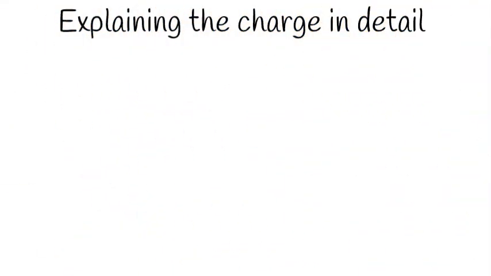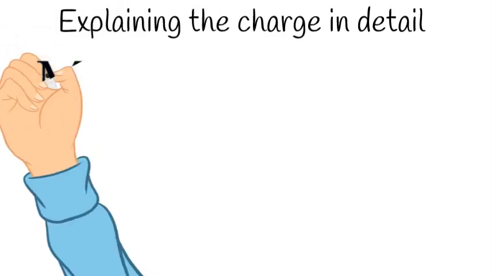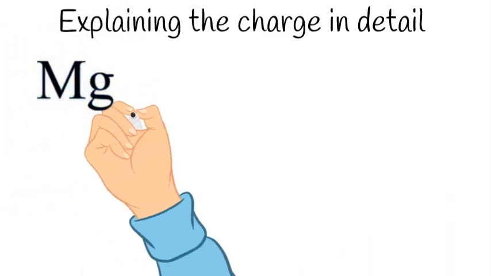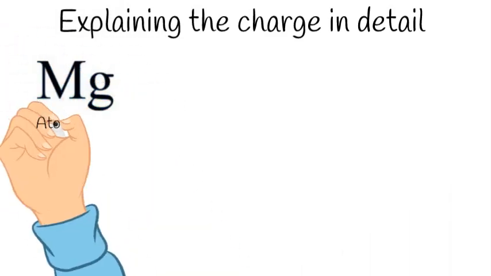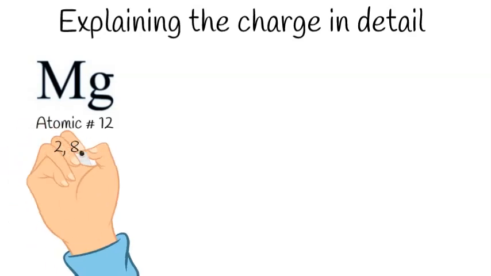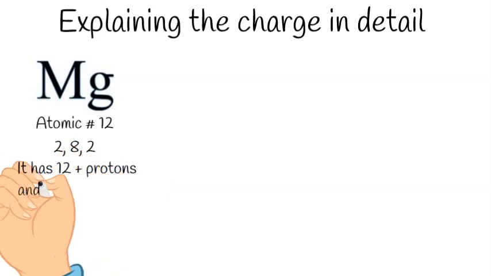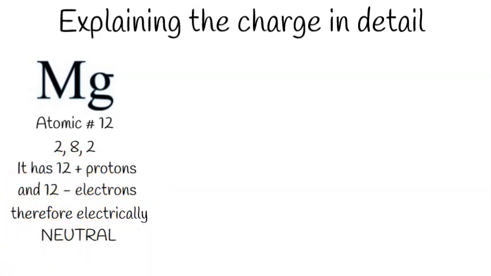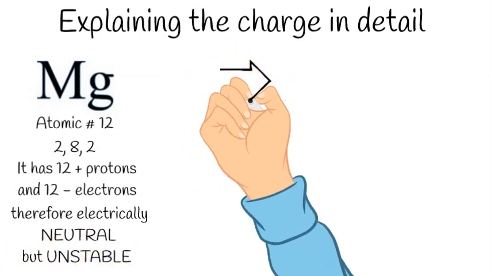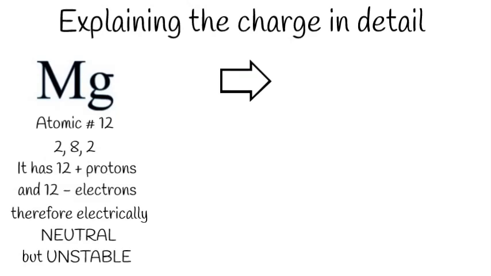At times we need to explain this in more detail. Let's take a look at magnesium. Magnesium has atomic number 12, which means it has 12 protons and an electron configuration of 2,8,2. As it has 12 positive protons and 12 negative electrons, it's electrically neutral, but it doesn't have a full outer shell, so it's unstable.